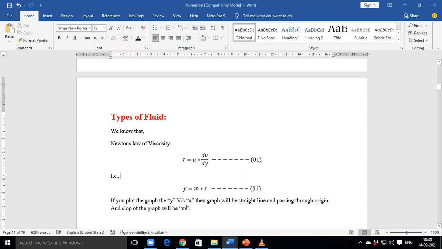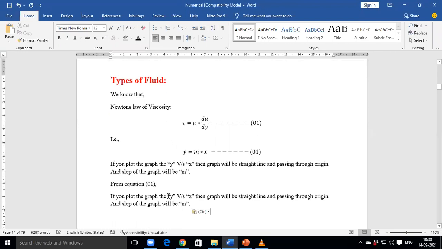So from equation number 1, this y is replaced by tau.